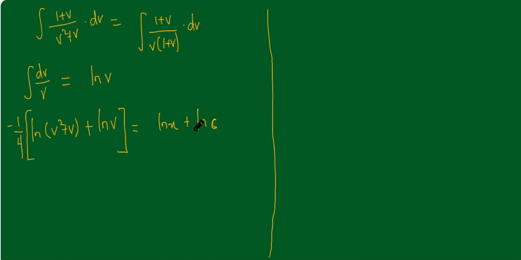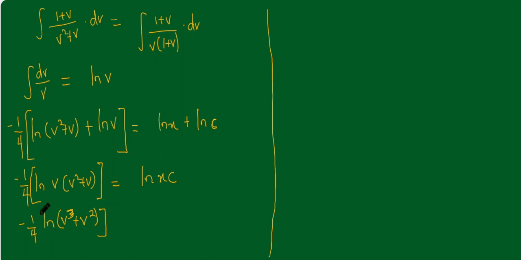Since ln c is also going to give us a constant, we have minus 1 over 4 ln of v times (v squared plus v) will be equal to ln xc. So this becomes minus 1 over 4 ln(v cube plus v squared) is equal to ln xc.